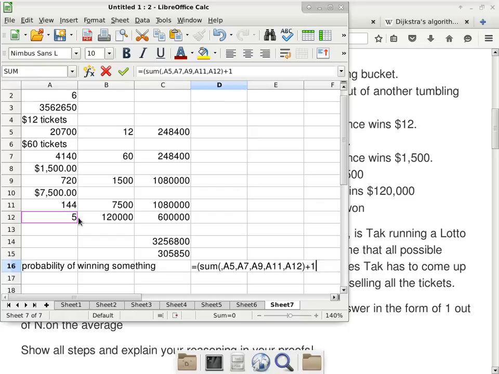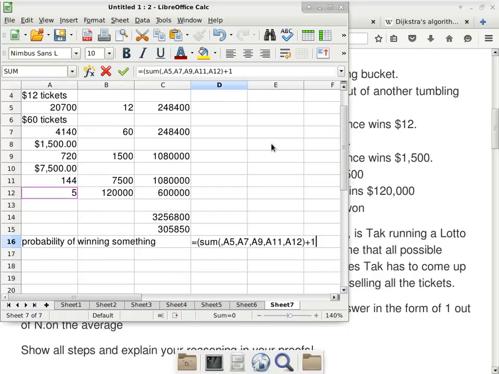Let me scroll it up so that people can see it here. There we go. This number here is the summation of 20, 700, 4140, 720, 144, and 5, and then the +1 for the jackpot. This is the total number of tickets that are quote-unquote winning tickets. Some can be winning only $12, and others up to maybe $200,000.